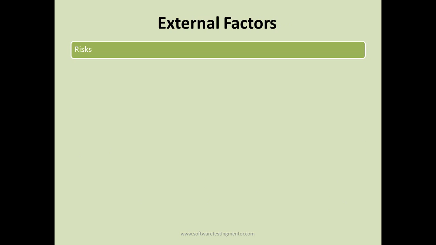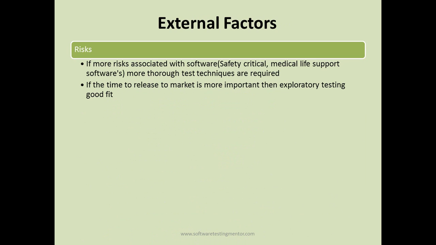So the first external factor is risk. If more risks are associated with the software, more thorough test techniques are required. For example, if you are testing safety-critical or medical life support software, then you need to be more thorough while testing.